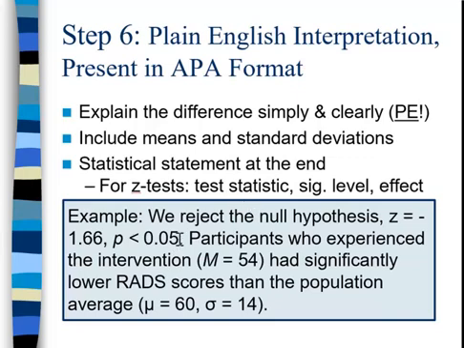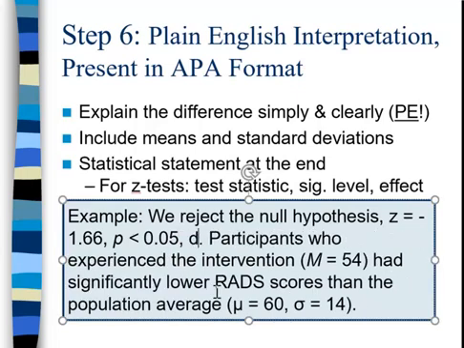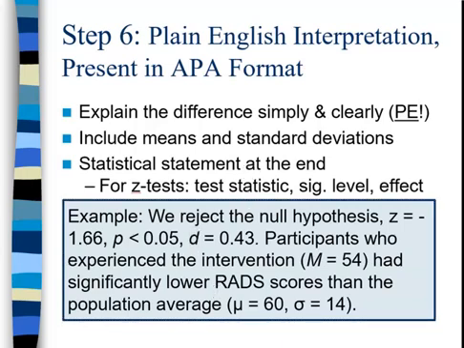Our z is negative 1.66 with a p value of less than 0.05, and it would also be appropriate to report Cohen's d, which was 0.43, and we would want to italicize that. And now we're saying participants who experienced the intervention had significantly lower RAD scores than our population average. So that's very important.